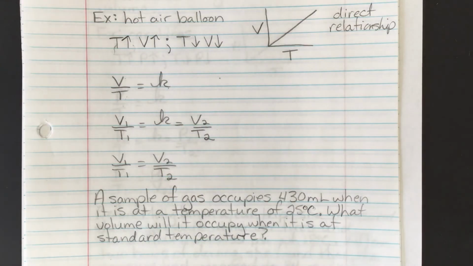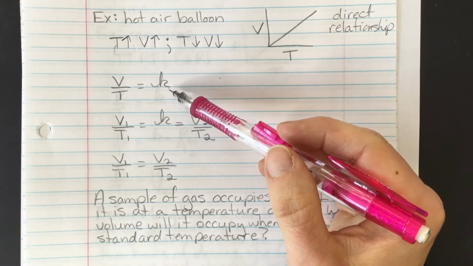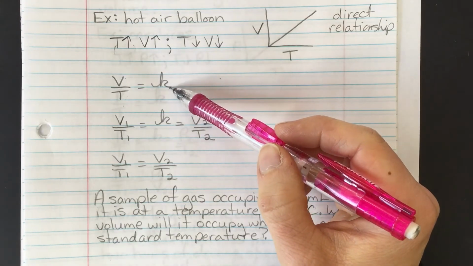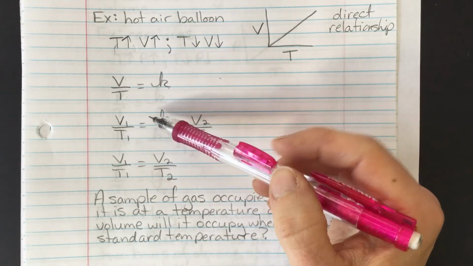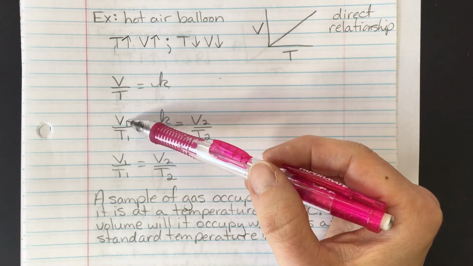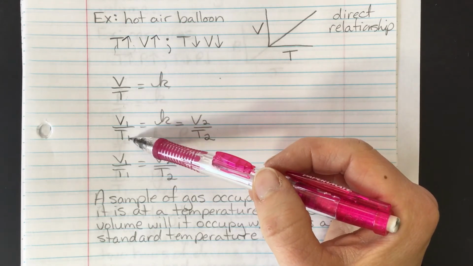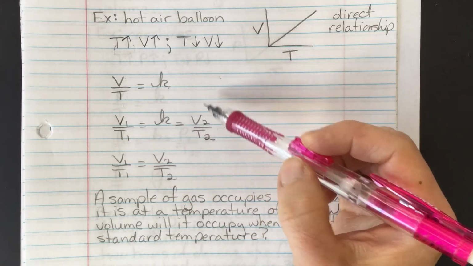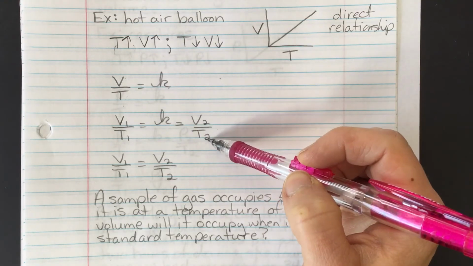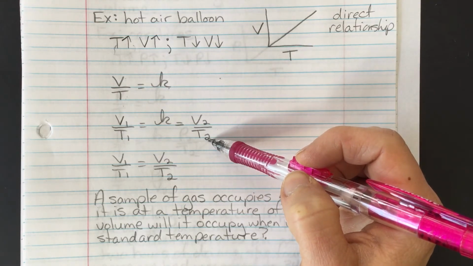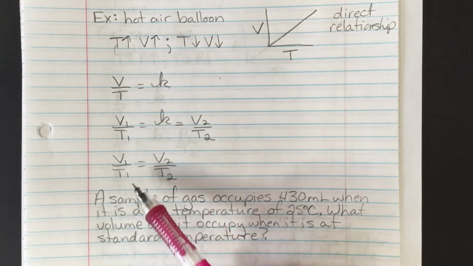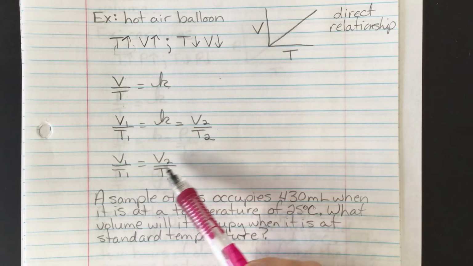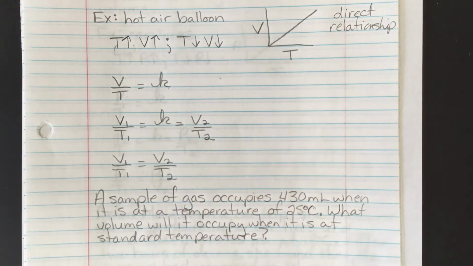That's how this relationship works. Because in all those cases the constant is still the same, 1, we can say that if we have an initial volume and temperature, knowing that constant, we can relate it to a second volume and temperature of that same gas. So we can get rid of K and just say V1 over T1 equals V2 over T2.